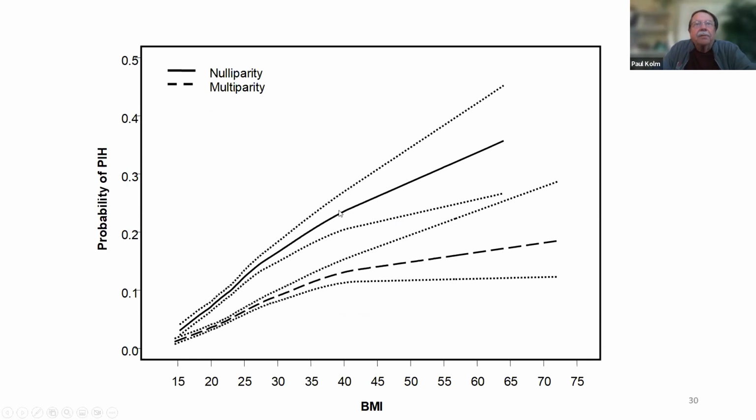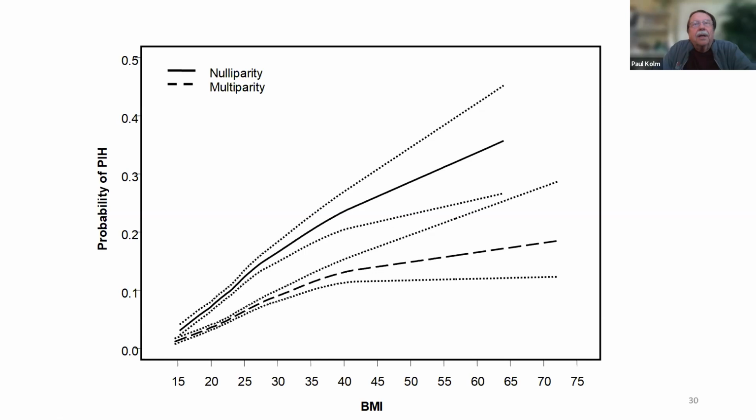And then after that, the slope of the line changes. And you can see that it's not the same slope for nulliparity versus multiparity. For nulliparity, even though it's slightly lower than at the beginning, the probability is still increasing at a faster rate than it is for the multiparity patients.